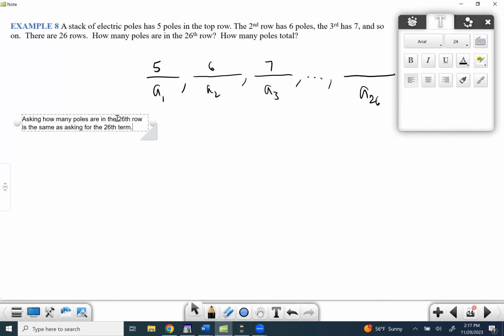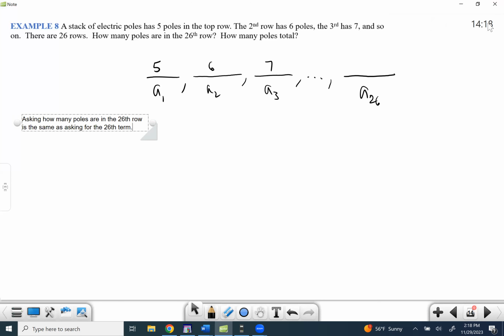And why am I writing this down? Well, we have 2 formulas. So we have to see, am I going to be using the one that finds the nth term, or am I going to be using the one that finds the sum? Well, I want to find the nth term. So let's use the formula.